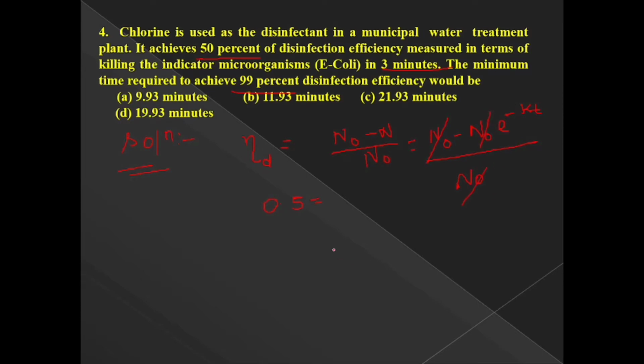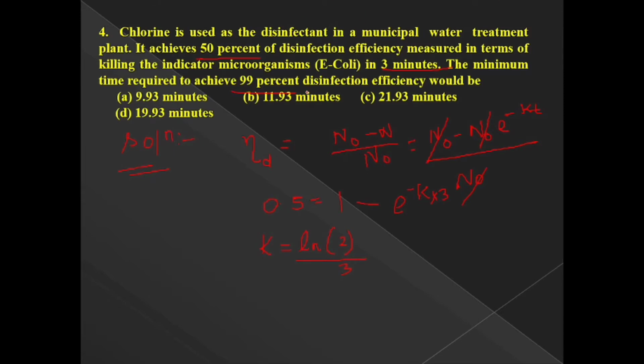So 0.5 is equal to 1 minus e to the power minus kt, where t is given as 3 minutes. From here we can easily calculate the value of k, because k is not given in the problem. That is natural logarithm of 2 divided by 3. That is our value of k.